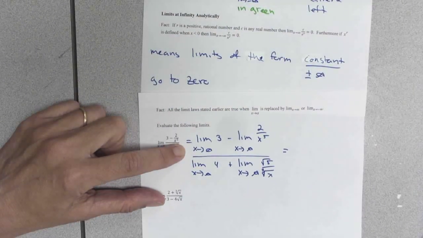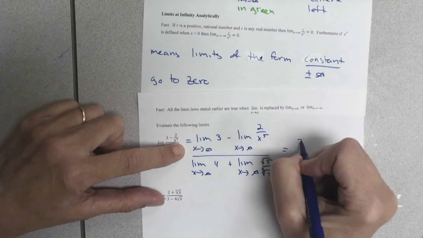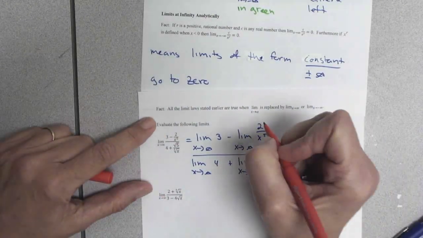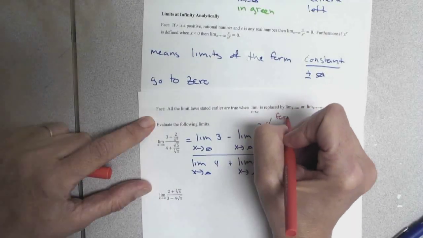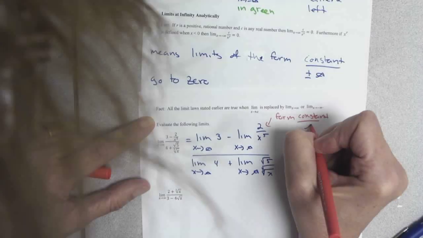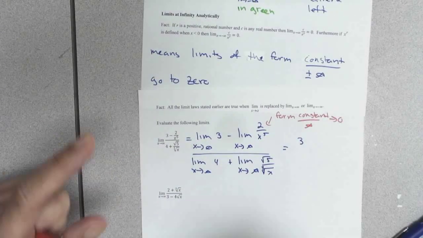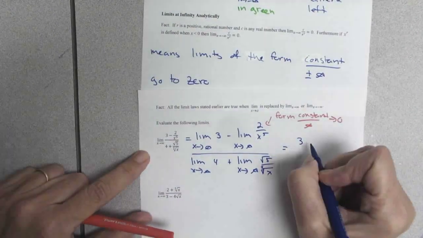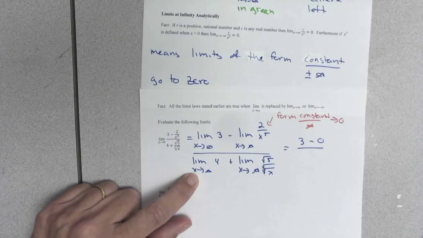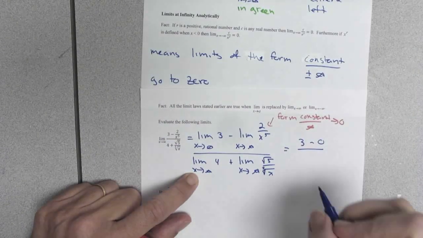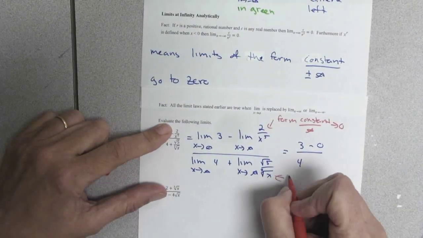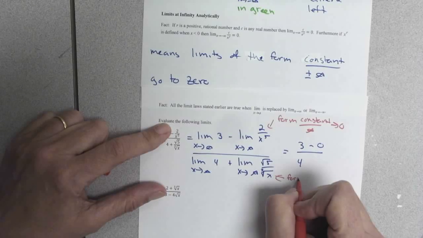It doesn't matter what x is approaching. The limit of a constant is a constant. So this is 3. This next limit has your new form, constant over infinity. That is going to go to 0. So minus 0. Down here, the limit as x goes to infinity of 4, the limit of a constant, is the constant. And this guy now is our new form.